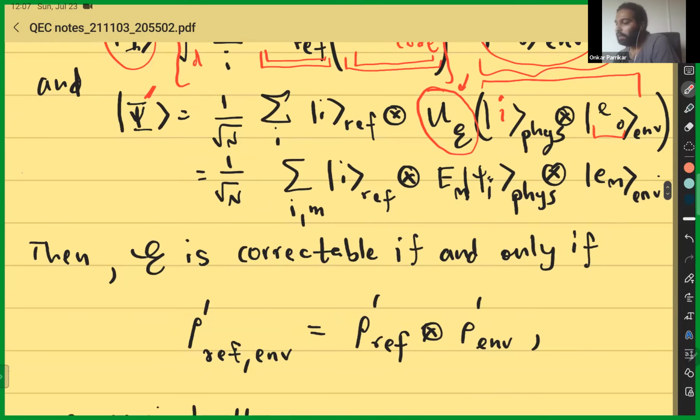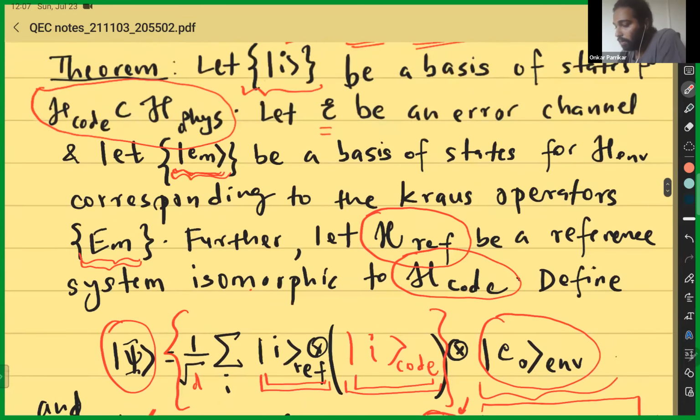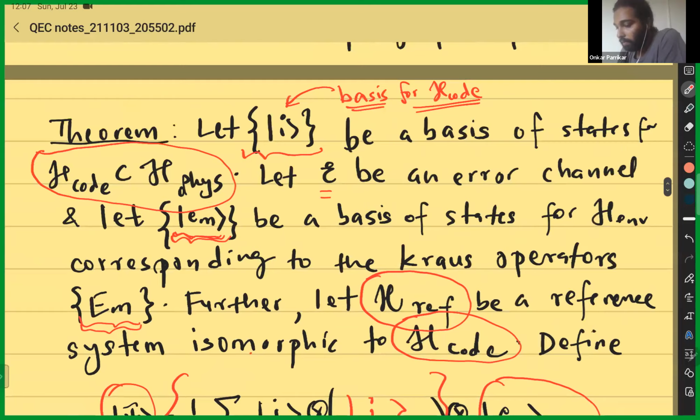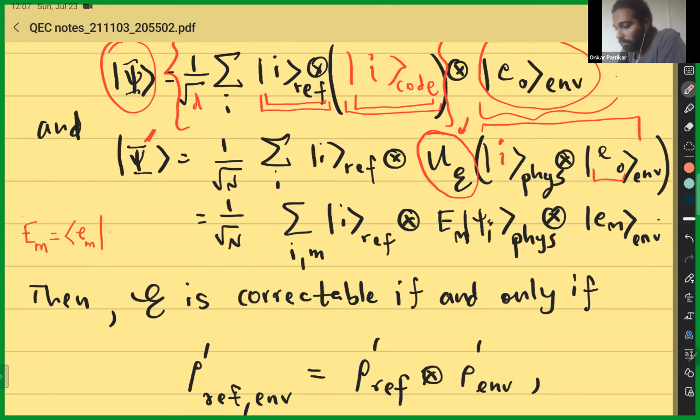Equivalently, you can write this state in terms of the Kraus operators, because these Kraus operators are precisely defined to be the overlap of U with E. So remember this formula here. Where is it? Yeah. So the Kraus operators were defined as that.